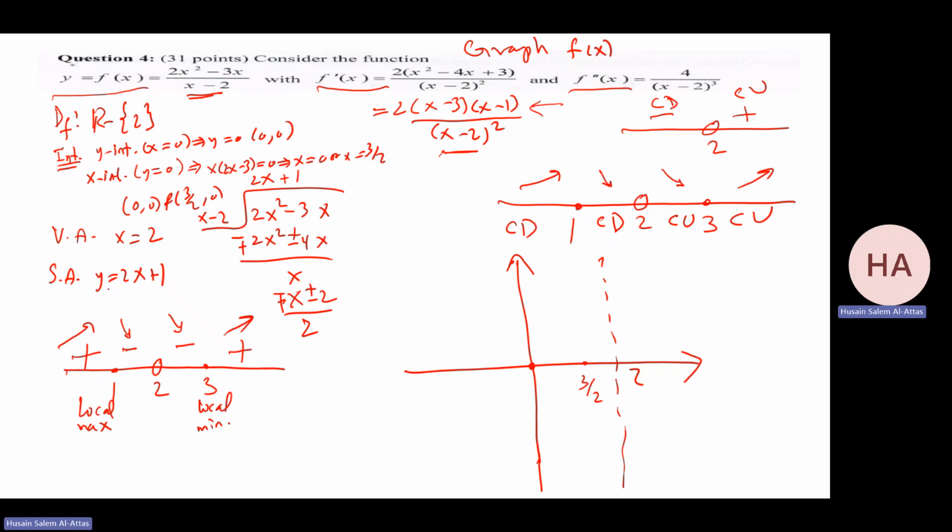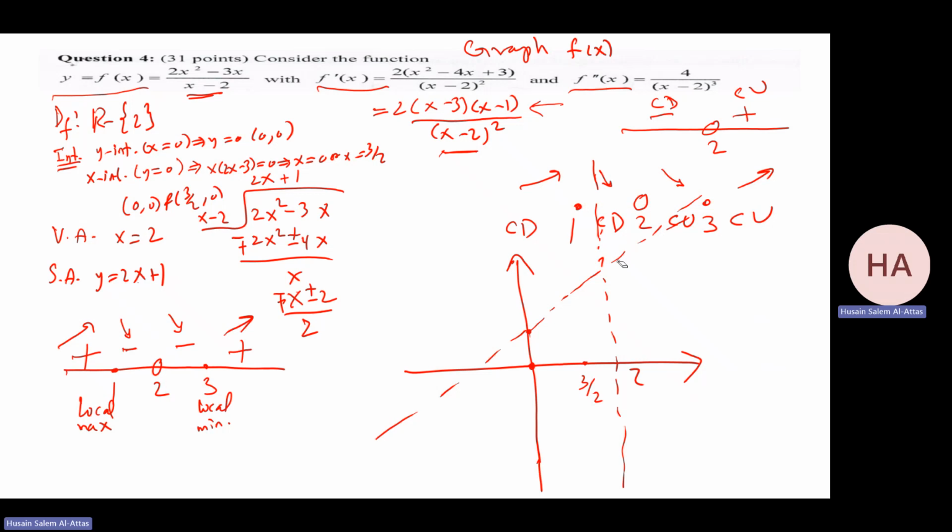If x equals 0, y is 1, and at x equal 1, it's 3. So something like this. It will do something like this. And this is the function.